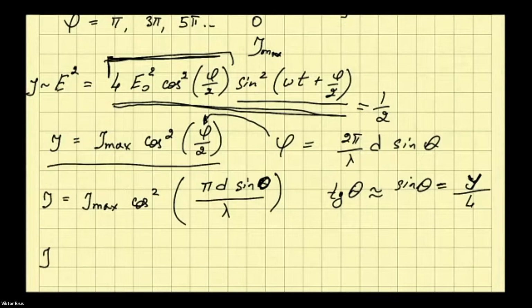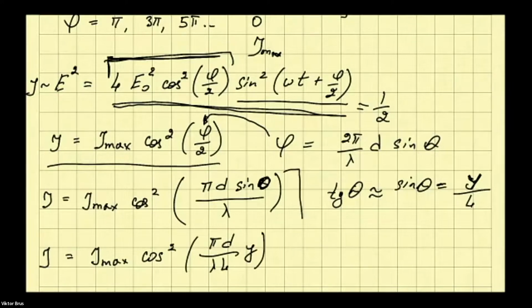In that case, we can also express the intensity of light distribution after interference of two waves as follows. It will be cosine squared of pi times d divided by lambda L, times y, the linear position.